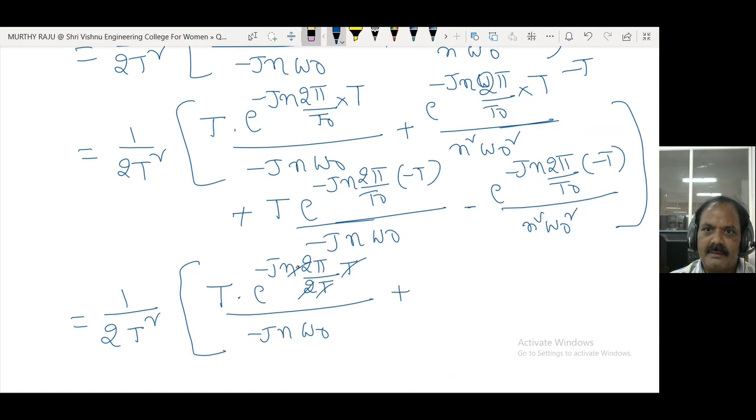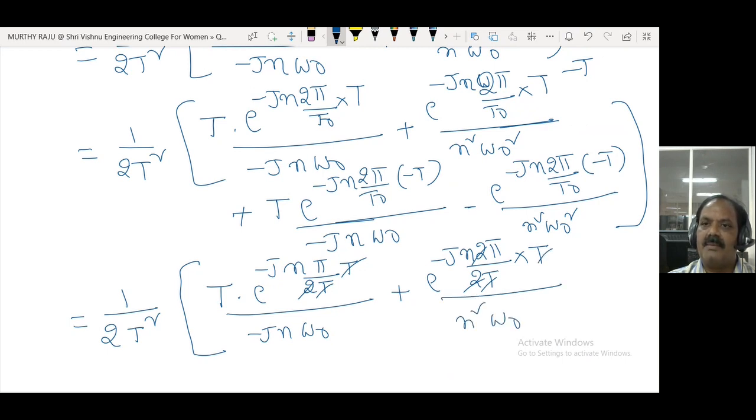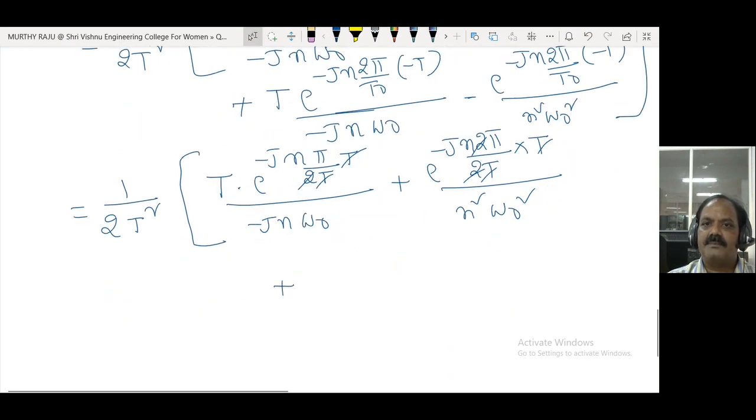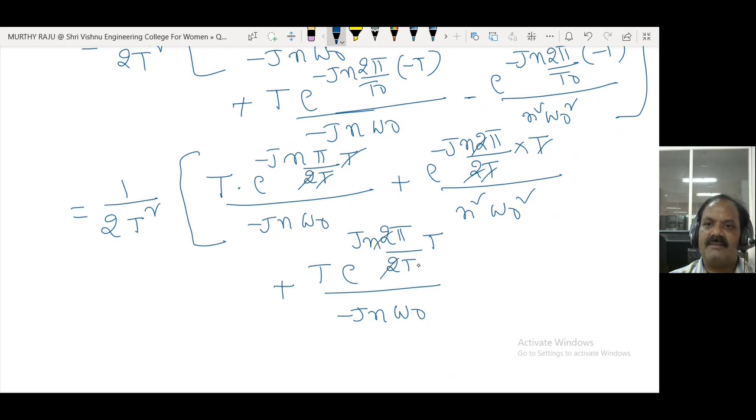e power minus j n 2 pi by T naught is 2T into T, 2 cancel, T cancel, by n square omega naught square, plus T into e power minus into minus plus j n 2 pi by T naught is 2T into T by minus j n omega naught. 2 cancel, T cancel, minus into minus plus.